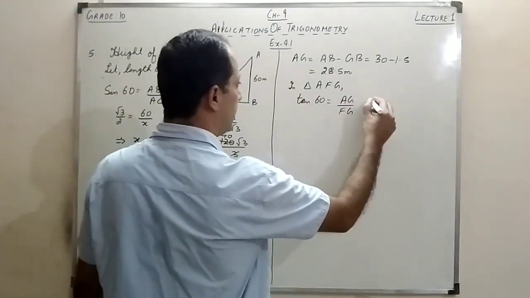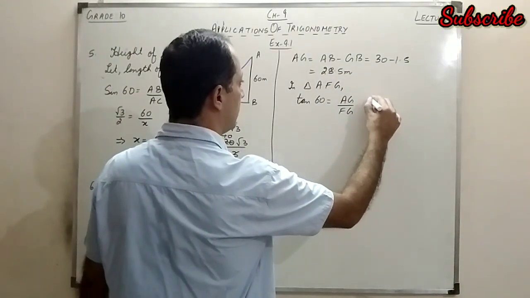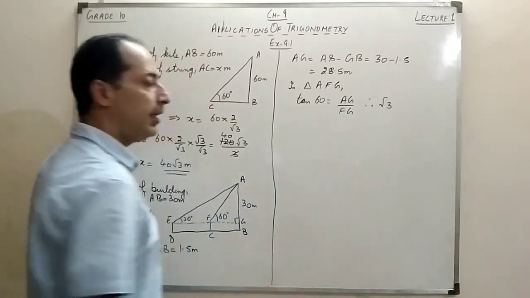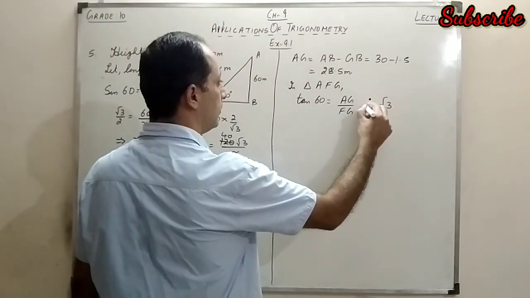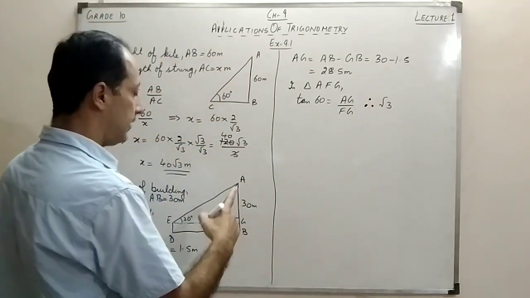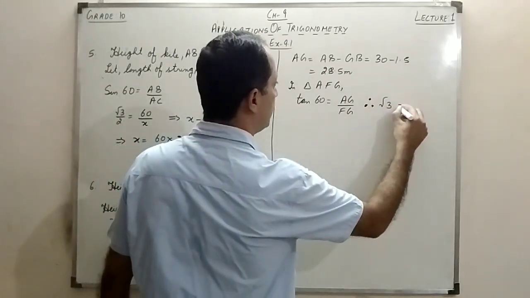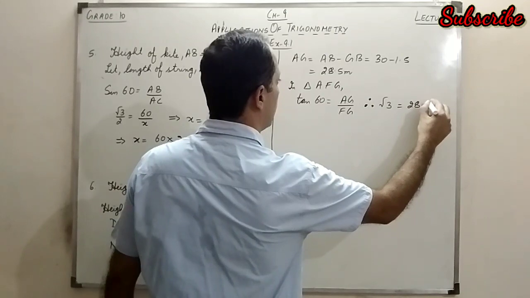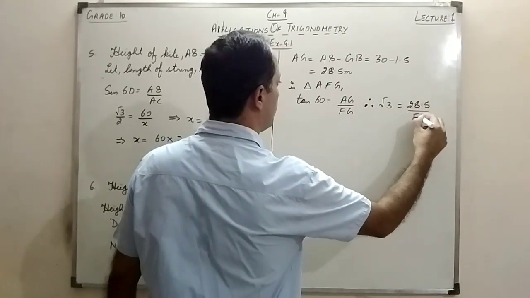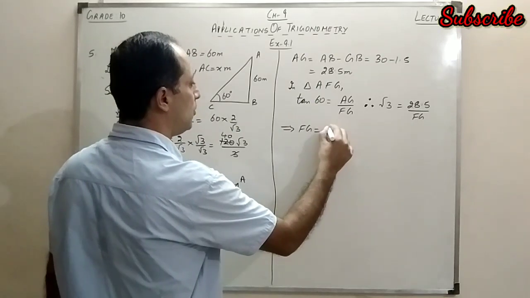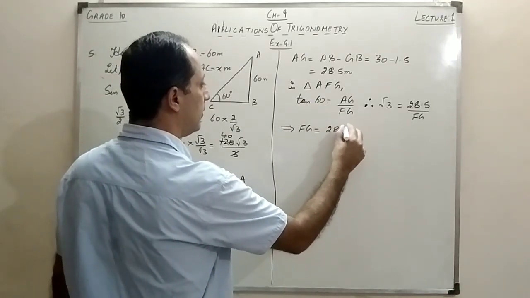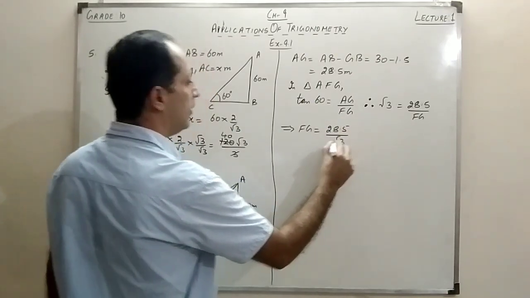The value of tan 60 is root 3. So root 3 equals 28.5 meters upon FG, which means FG equals 28.5 upon root 3.